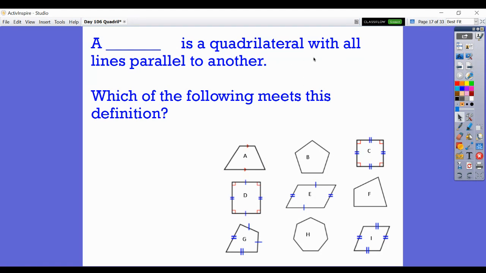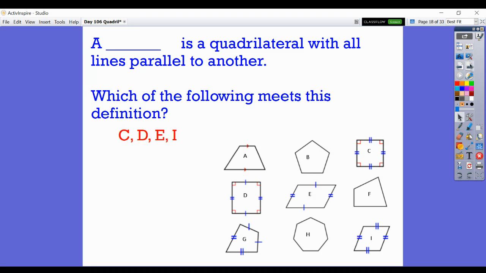A blank is a quadrilateral with all sides parallel to another. Which of the following meets this definition? Well, pause it now, take a look, and come back when you have the answer. All right, you're back. So you must have done the work.